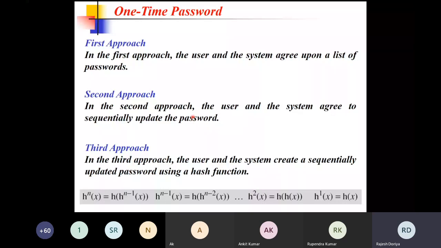Now, again, we have a number of approaches for one-time password as well. In the first approach, the user and the system agree upon a list of passwords. You might have observed this in your Gmail as well. I have protected my Gmail account with a two-step verification mechanism.